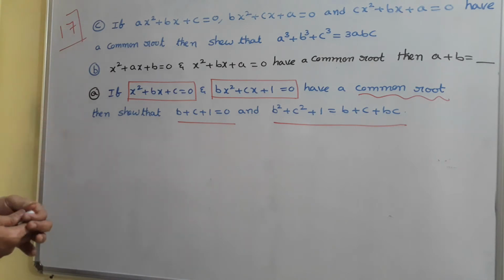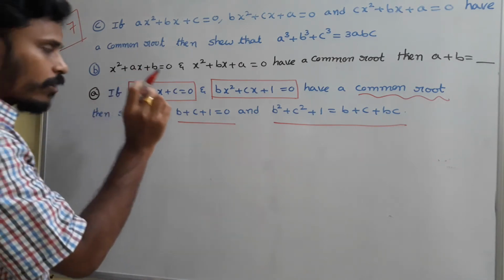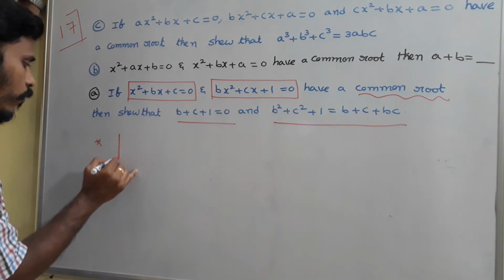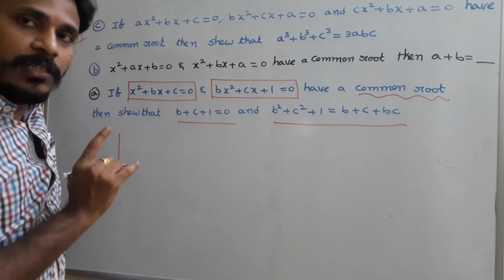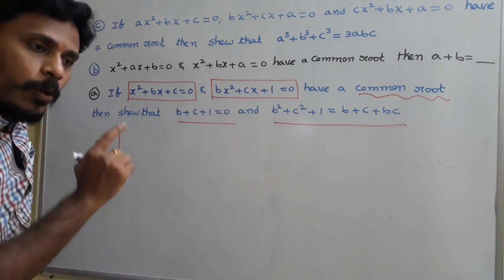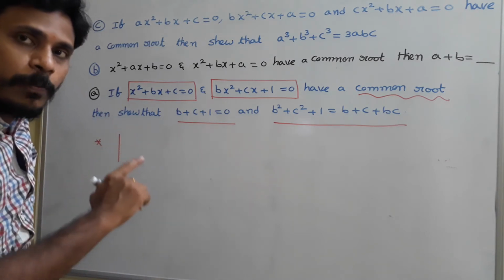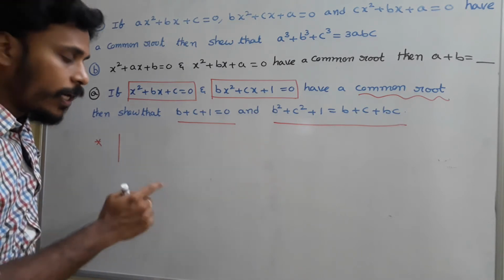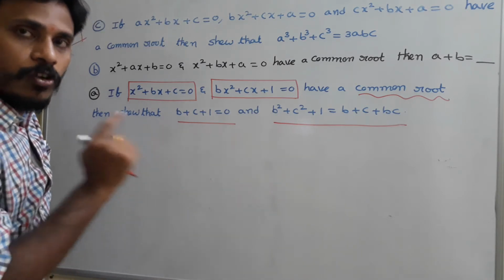Once again I repeat for you, as per that condition, if the first equation is ax square plus bx plus c is equal to 0, and the second equation is px square plus qx plus r is equal to 0, then we have this particular condition. If you have any doubt related to this condition, you just refer to the last class.